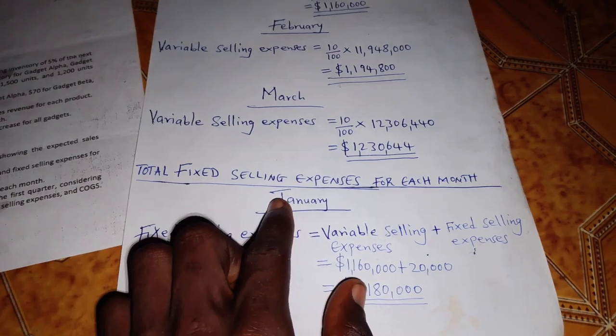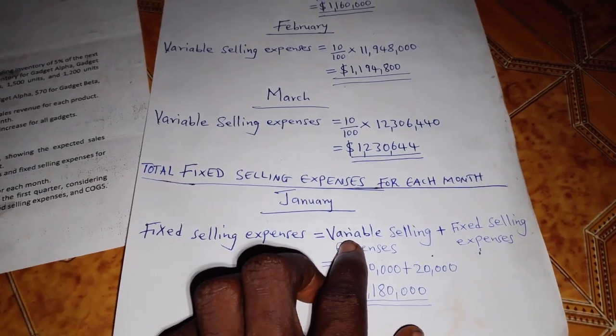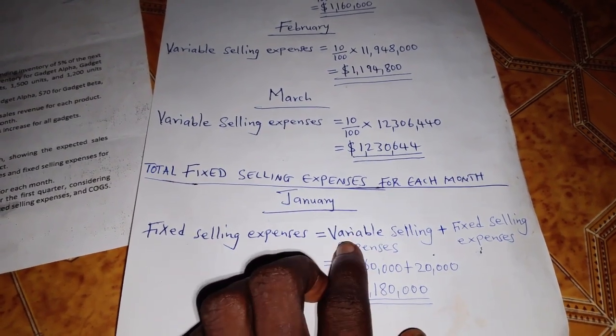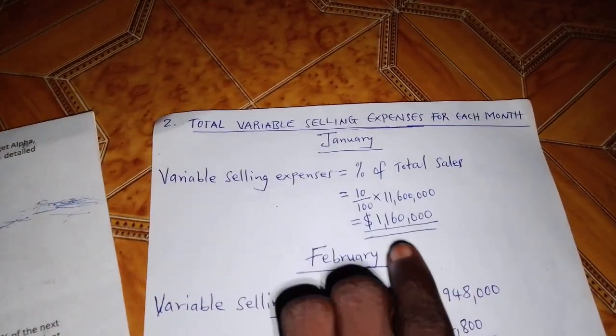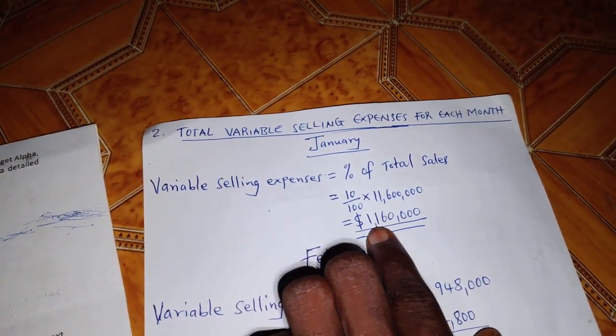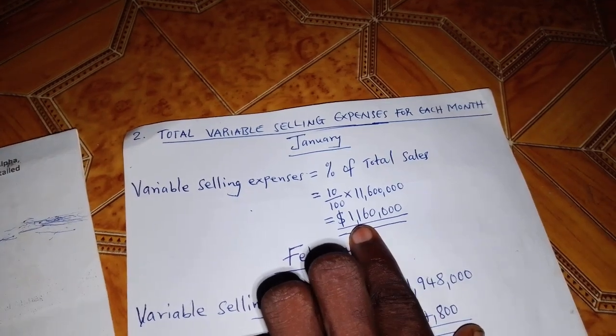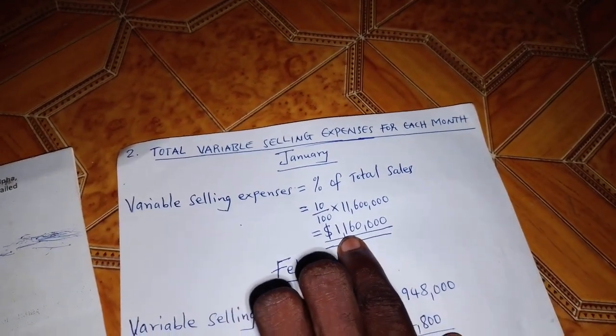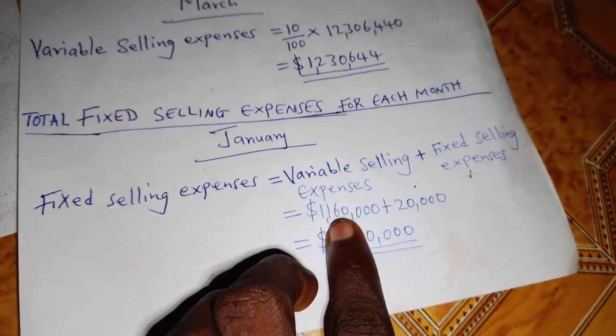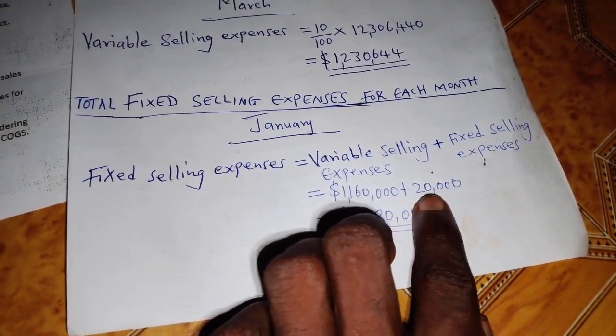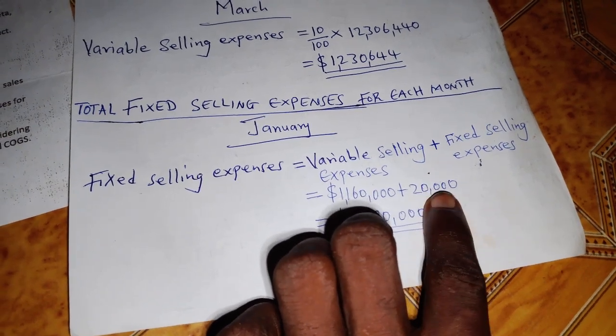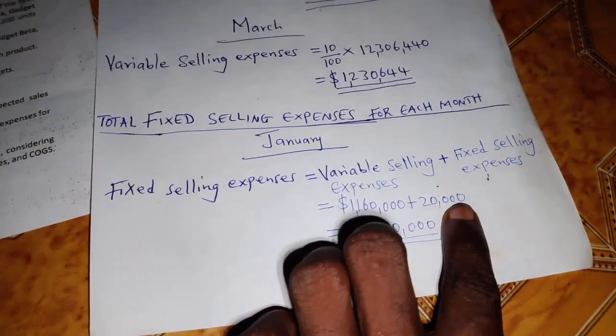Since we are calculating for January, what is the total variable selling expenses for January? This amount is what we are seeing here, plus the $20,000 here, which is the fixed selling expenses.